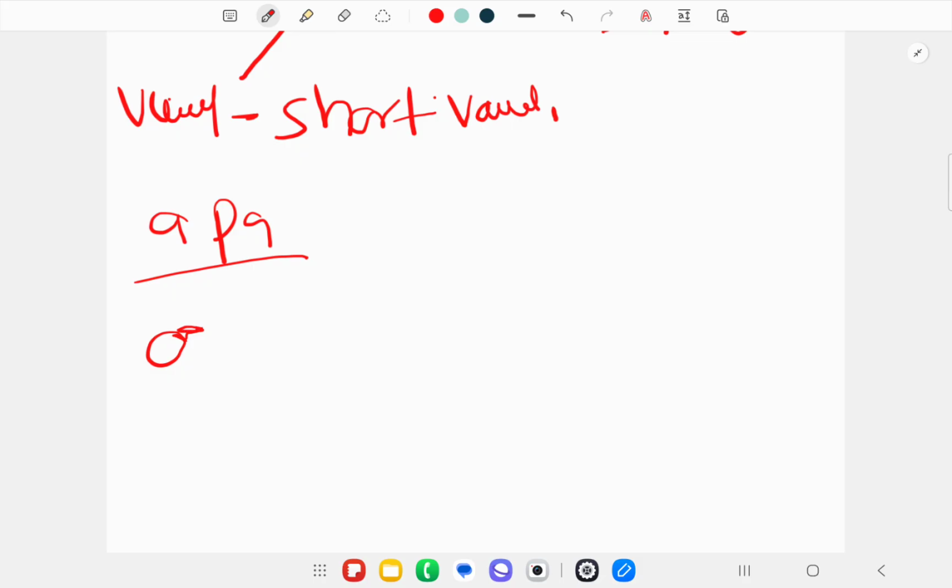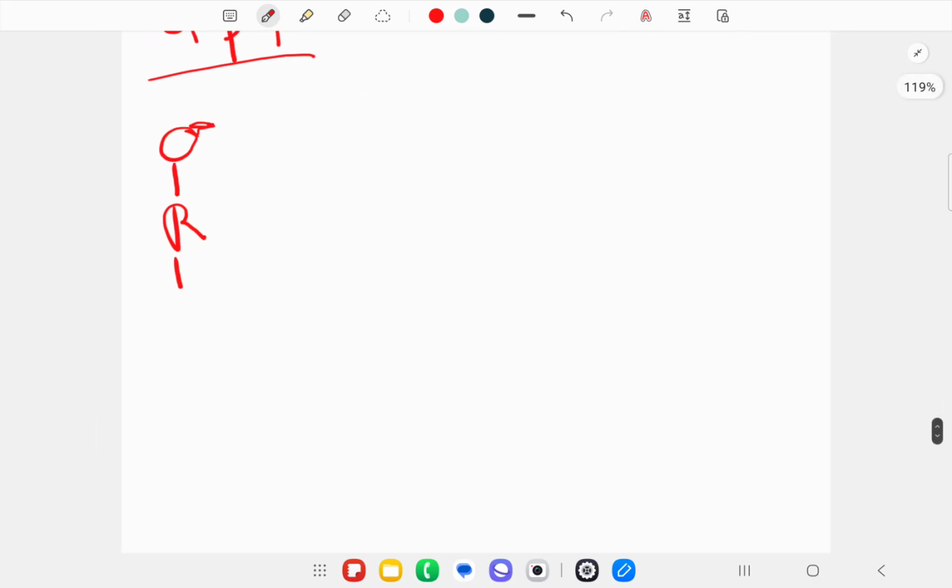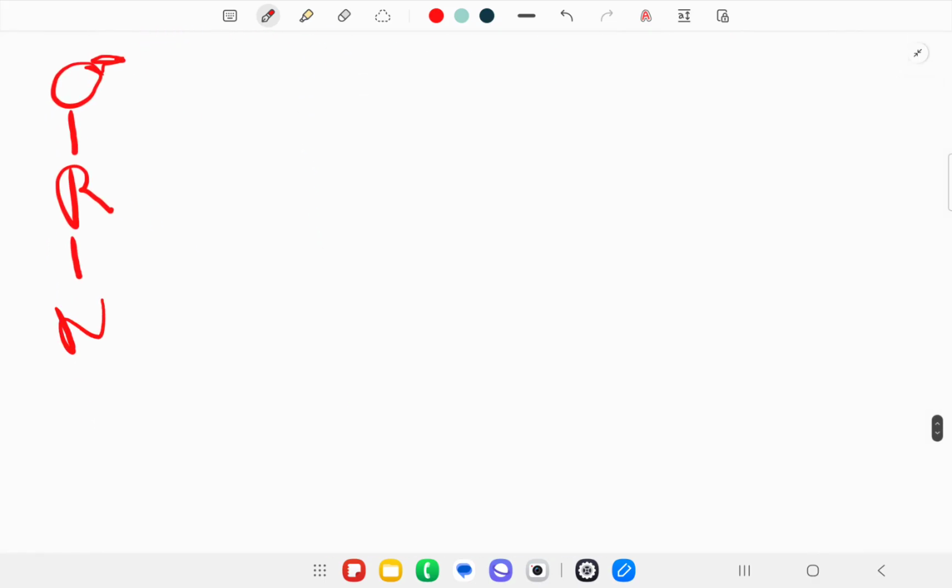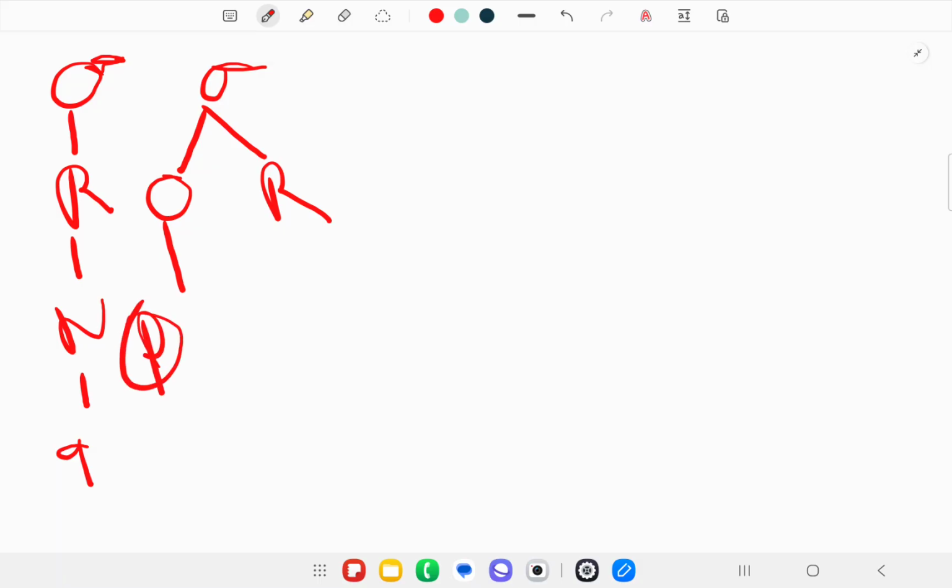This is the syllable, this will be your rhyme, and this will be your nucleus. Here will be the a sound, while in pa here will be the syllable, and after that this one will be the onset, here will be the rhyme, and below the onset here will be the p sound because it is a consonant, and also the onset is always a consonant, while the rhyme is below, with the nucleus, and after that this will be the vowel sound.